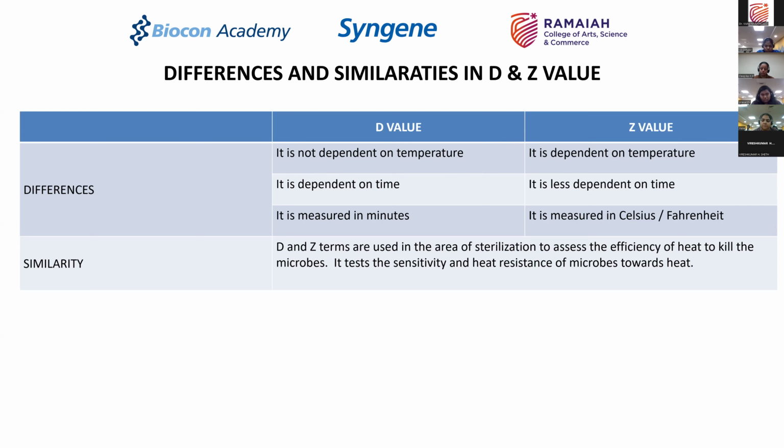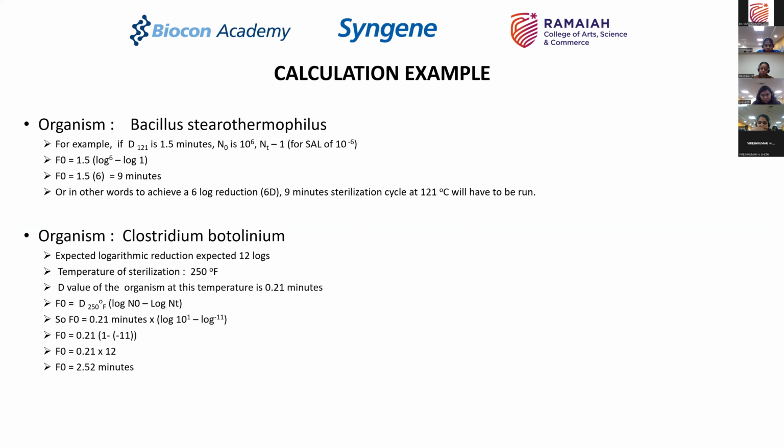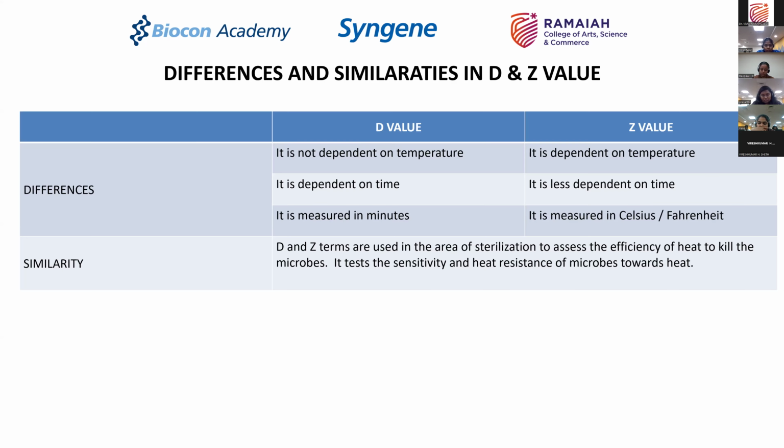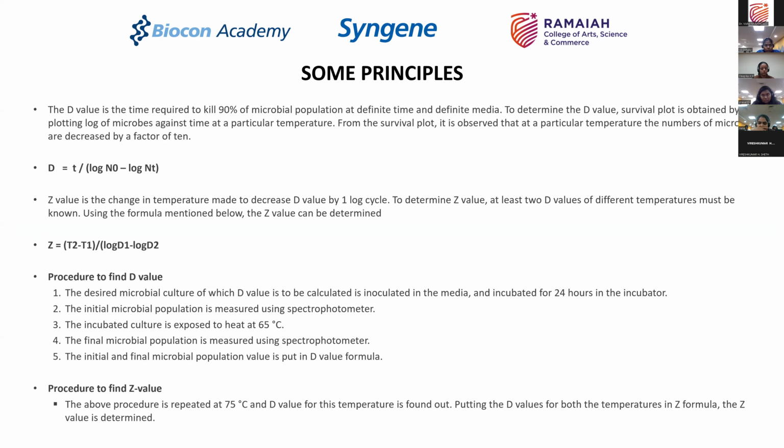So this is what is very important for us to understand, the variation between D and Z value. Okay. Now, these are calculation examples, so I'm not going to get into that right now in this session.